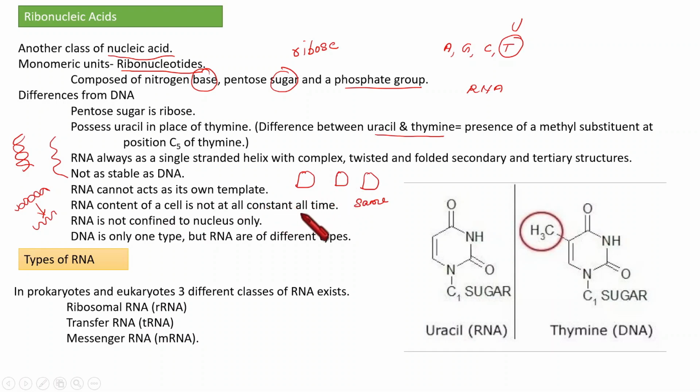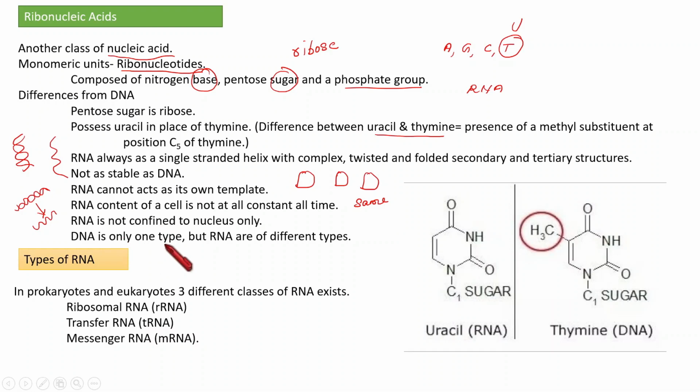So it's not constant all the time. That is another difference. And also we can locate RNA in the cytoplasm and nucleus. But DNA we can locate only inside the nucleus. That is another difference.